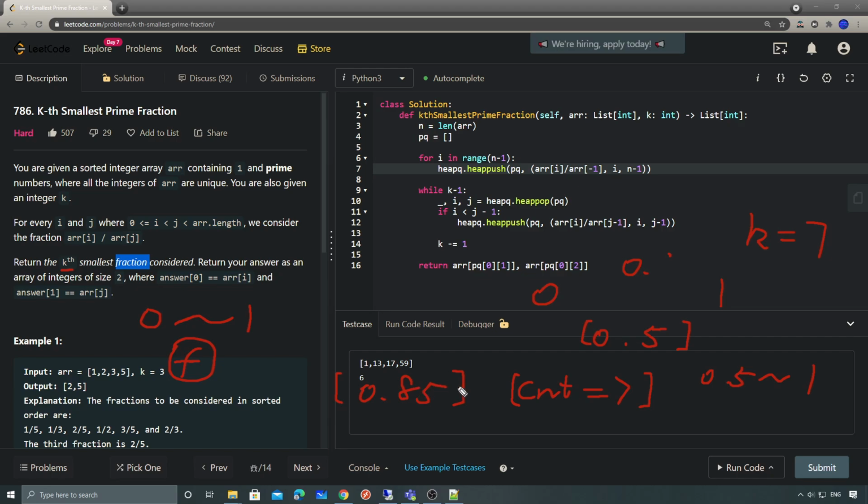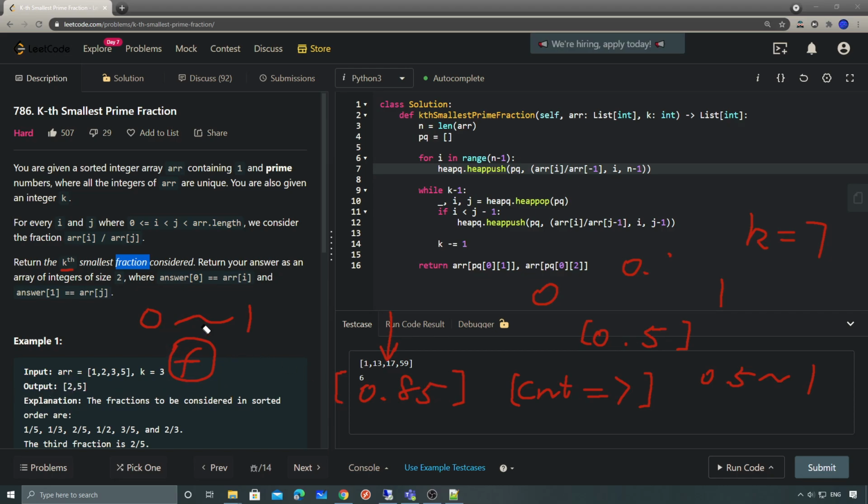But even so, this is not the answer we're looking for. We're looking for the pairs. So we want to find the pair that has the fraction closest to this 0.85.